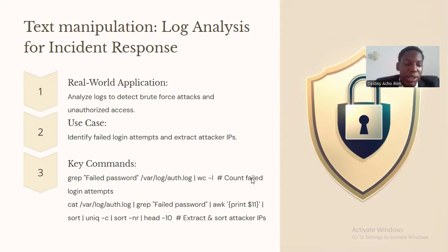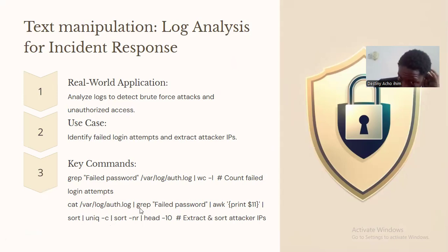And now another thing that we can do is extract and sort the attacker's IP with the command cat /var/log. cat is basically a command in Linux to display the information that is in a file. So we cat this log file, which is the file that you use to monitor people that are trying to log into your server over SSH.